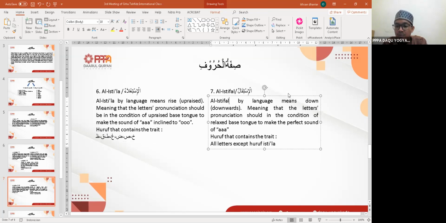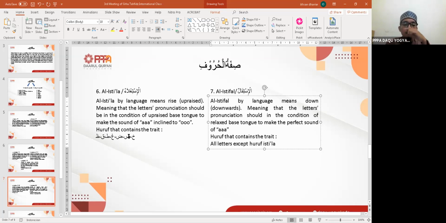Al-istifal by language means down or downwards, meaning that the letter's pronunciation should be in the condition of relaxed base tongue to make the perfect sound of ah. The huruf that contain this trait are all letters except huruf isti'la.